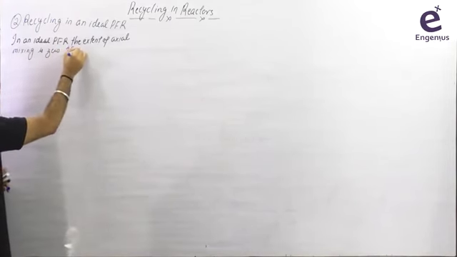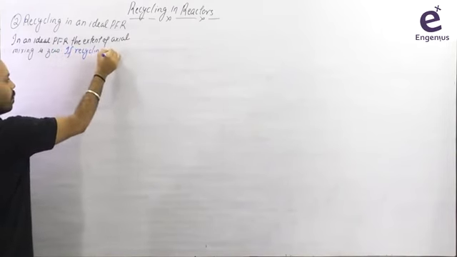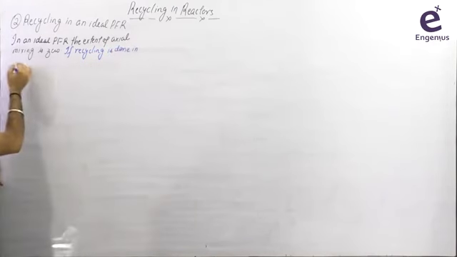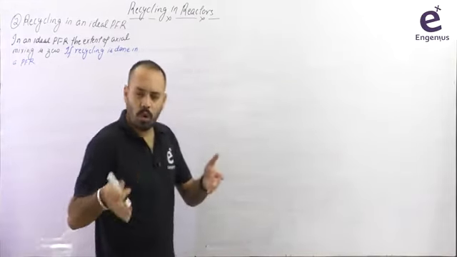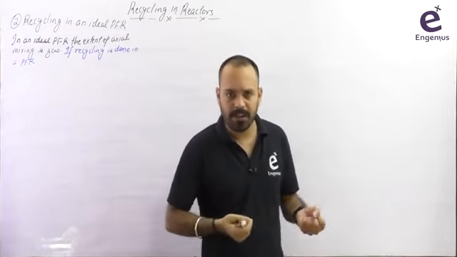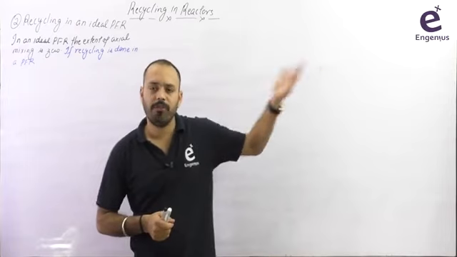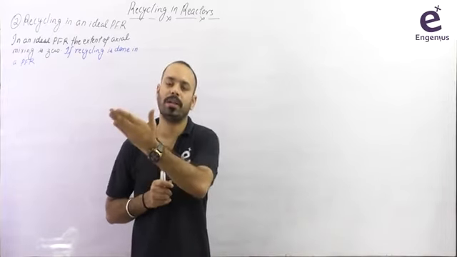If recycling is done in a PFR, so what you are doing basically? In a PFR, I told you that there is no mixing of the plugs. Each plug is behaving like an individual reactor. If you are mixing the fluid which is leaving from the reactor to the fluid which is coming into the reactor, it means what you are doing?